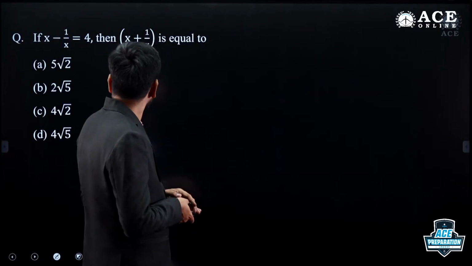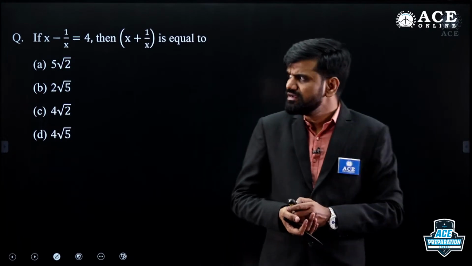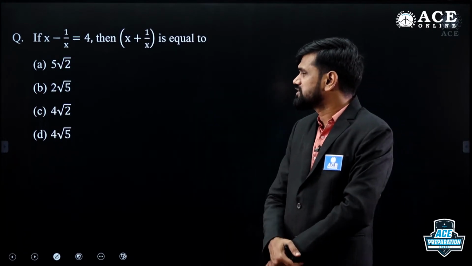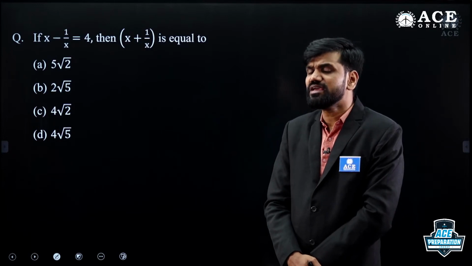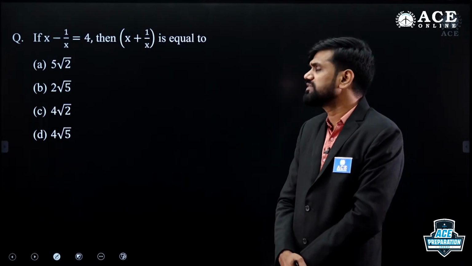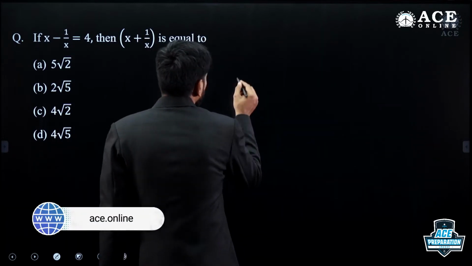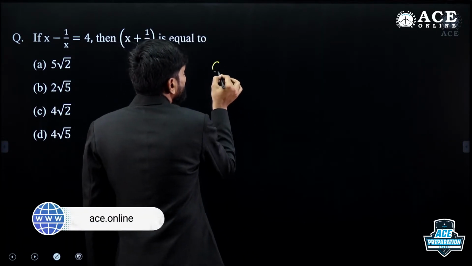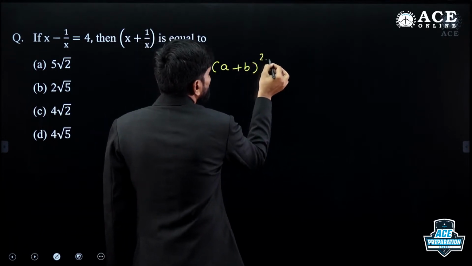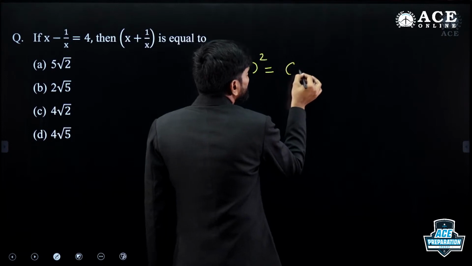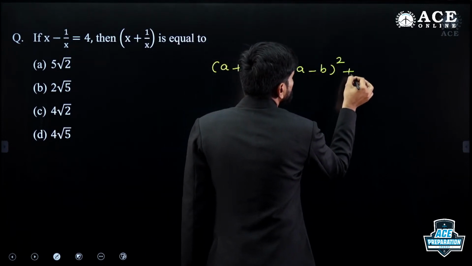Chalo. So what is given over here? x minus 1 by x is given as 4, then x plus 1 by x is equal to? It is as good as a minus b is given, they are asking you for a plus b. So we know that a minus b and a plus b relation is: a plus b whole square is equal to a minus b whole square plus 4ab.